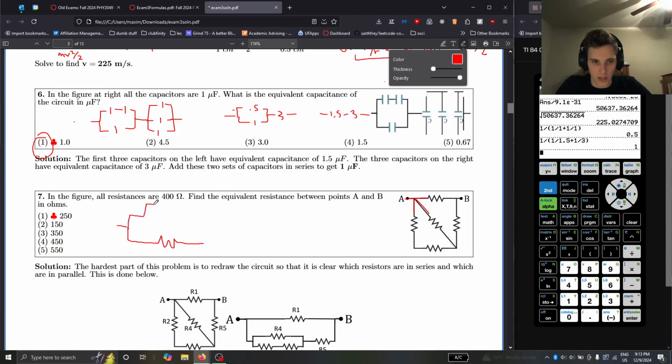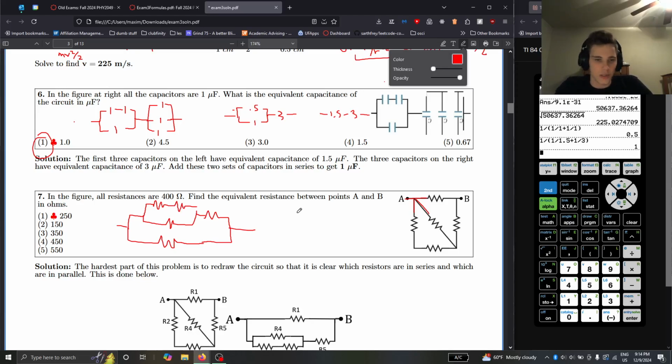So I'll represent it like this. And then those both meet up and go through another resistor. Obviously, everything goes to B at that point. So it's either just one straight resistor to B, or a split where you have a path of 2 or 1, and then one more until you get to B.